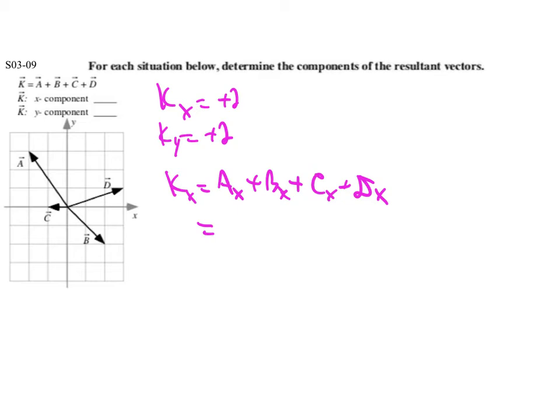And now pull out ax, which would be this part. So that's minus 2. And bx would be this part. So that's plus 2. Cx is this, or minus 1.